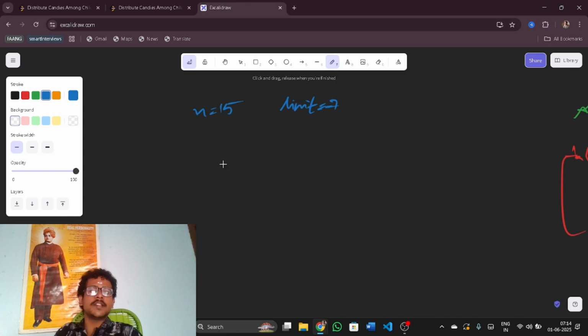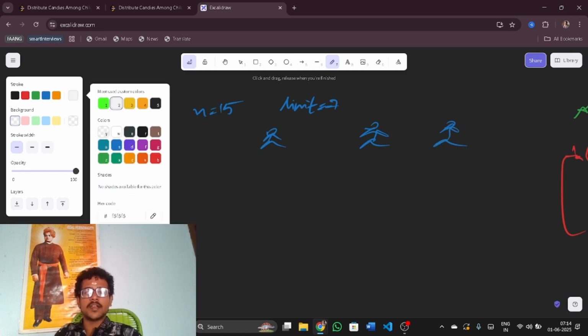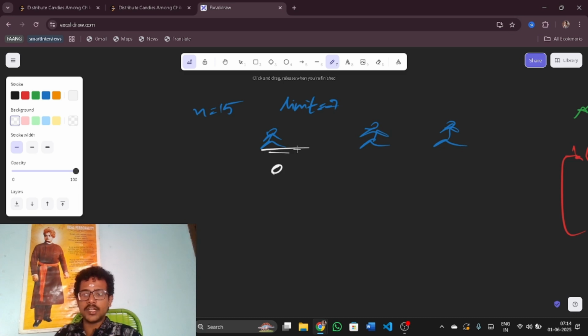Now let us take the first child, the second child and the third child. For the first child, I give 0 candies. For the second child, how many candies can I give? If I start with 0 and 15, no need. Let us start with just 5.